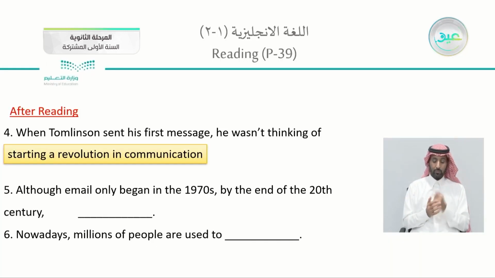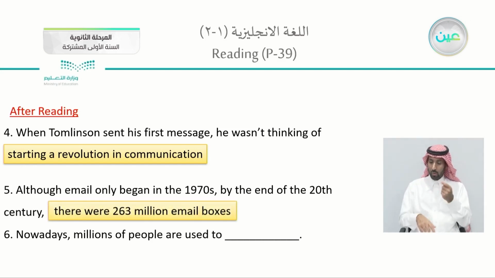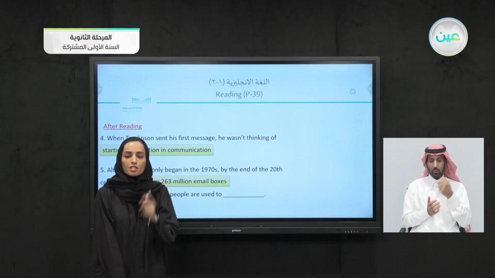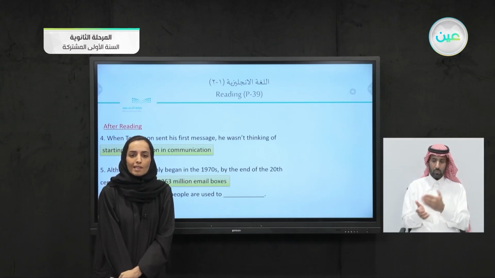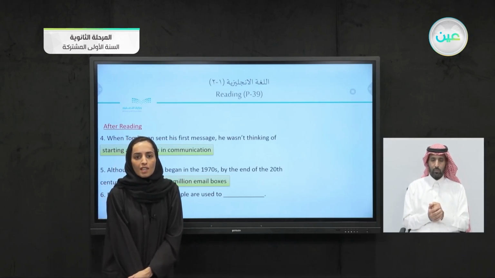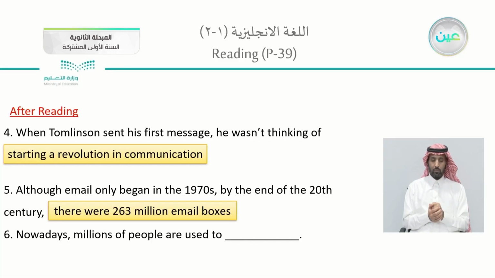Although email only began in the 1970s, by the end of the 20th century, how many people were using email? There were 263 million email boxes. So in less than 100 years we have more than 200 million people using email.